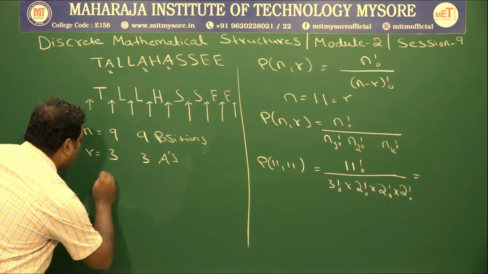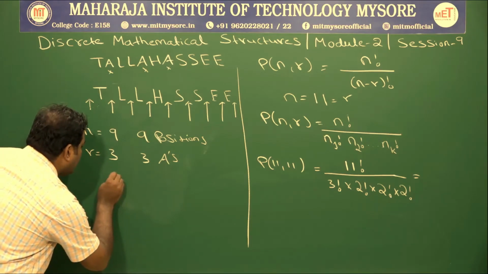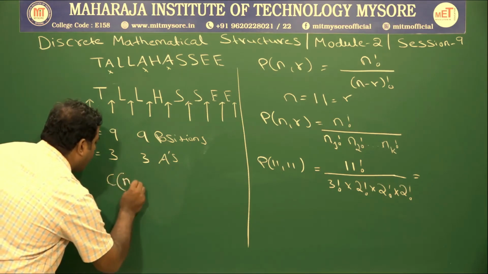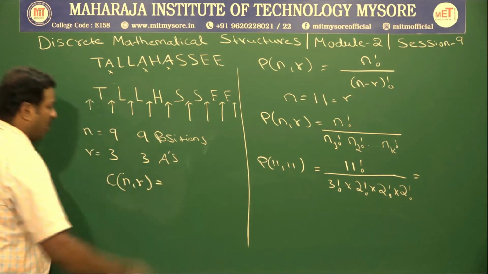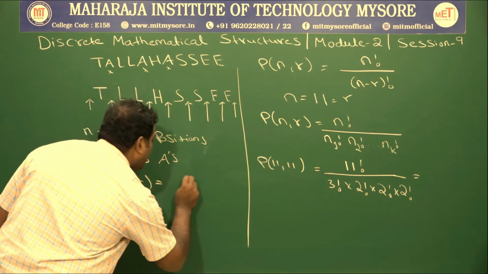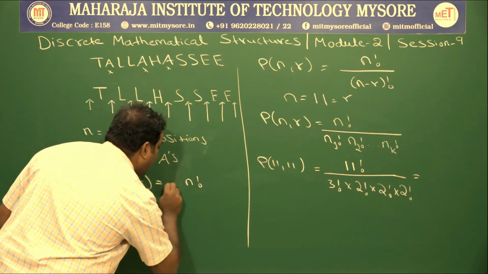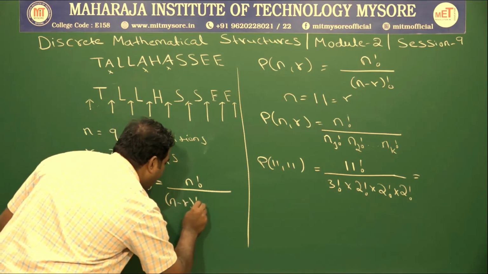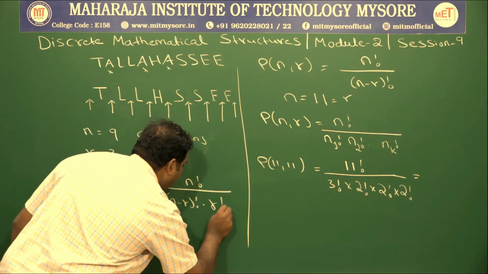So this is going to be C of n comma R, and we know what C of n comma R is. That is n factorial divided by n minus R factorial into R factorial.